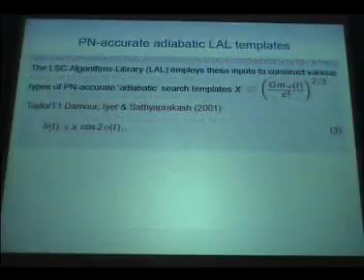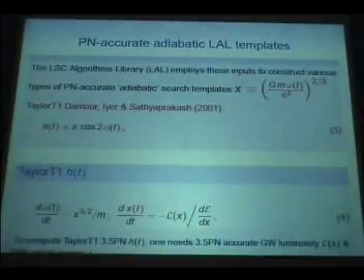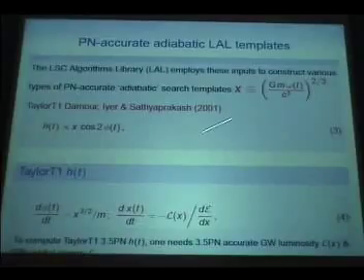So if you have that, for example, LSC employs the T1 template. You can actually pick it up from the LSC algorithm library, something called T1. It's fairly easy to see what that T1 is. You define d phi by dt to be omega, and that omega is the same as x raised to 3 by 2 by m.